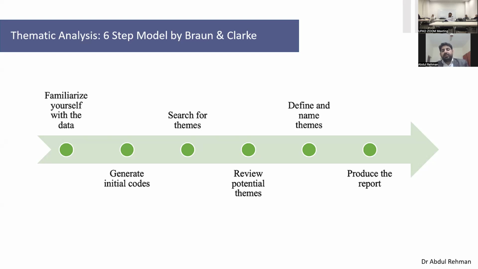Then in the fourth step, we review potential themes. On the basis of our research questions, we review the potential themes. You can say that this is more important for us, this is not important for us. Then define and name themes.